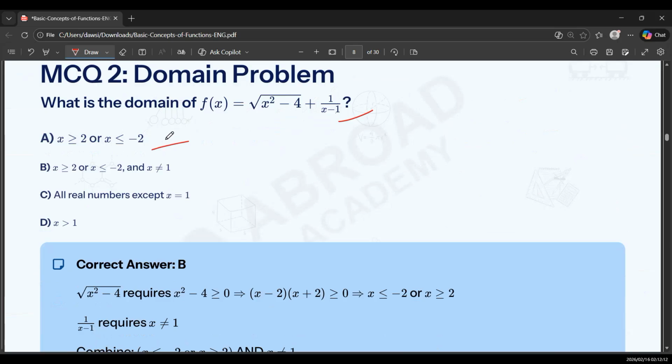Yeah, this is not possible, right? Option B: x greater than or equal to 2 or x less than or equal to minus 2, and x not equal to 1. Yeah, it's right. And C: all real numbers except x equal to 1, no.